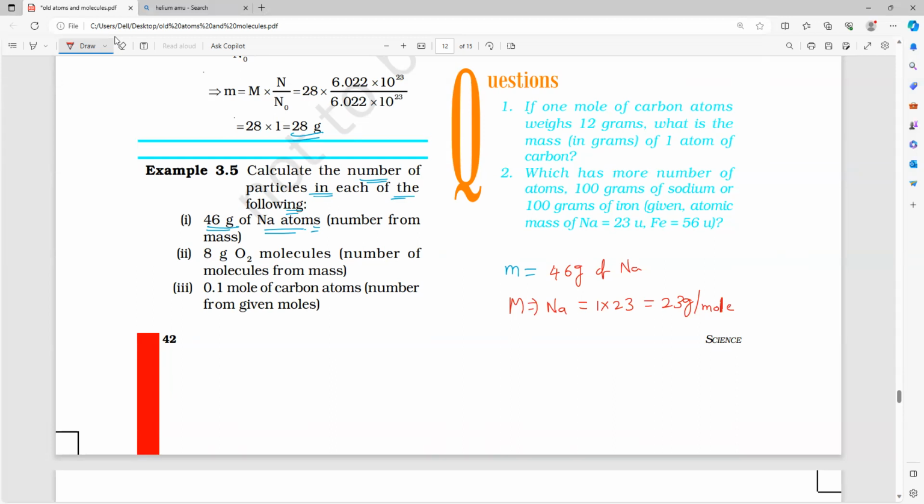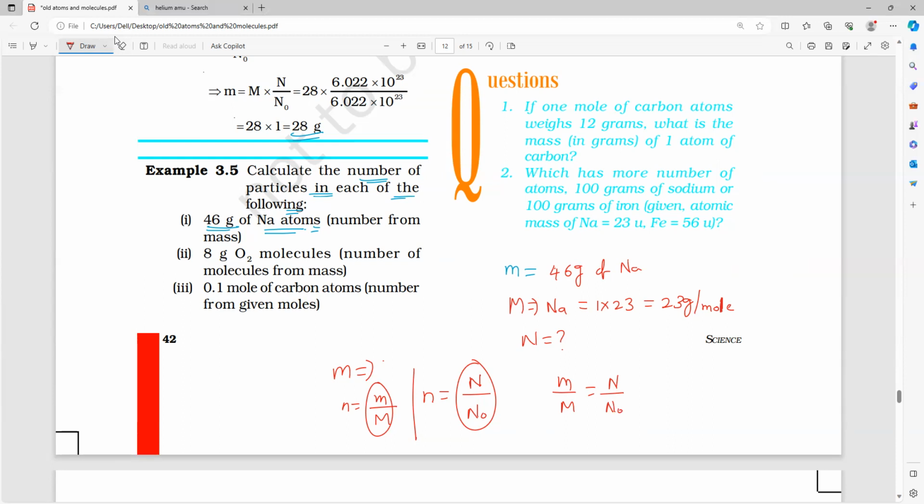Now they're asking the number of particles. Two formulas we have. Mass is given, so number of moles is equal to given mass divided by molar mass. Number of particles means given number of particles divided by Avogadro number. So equate the right-hand sides: M divided by capital M is equal to N divided by N naught.